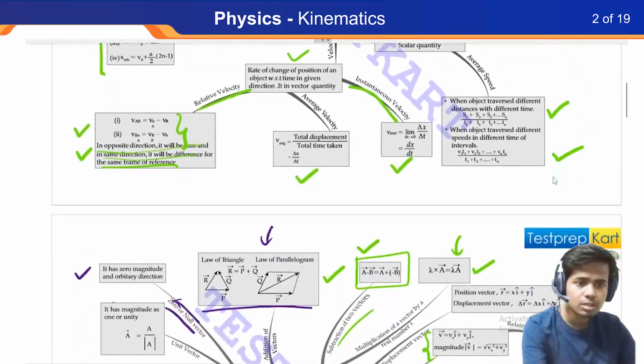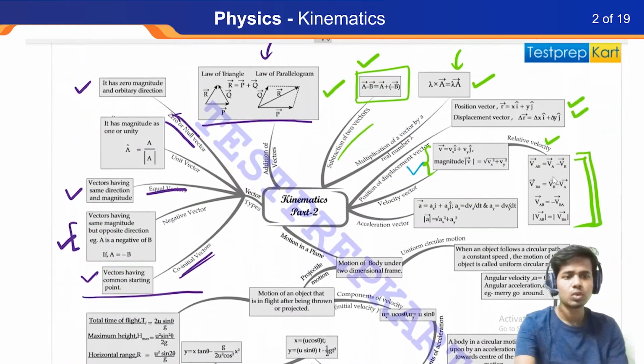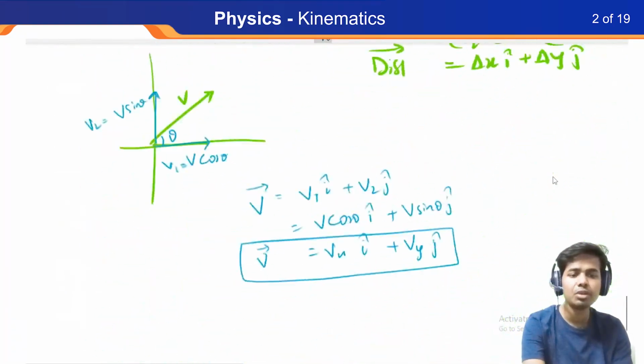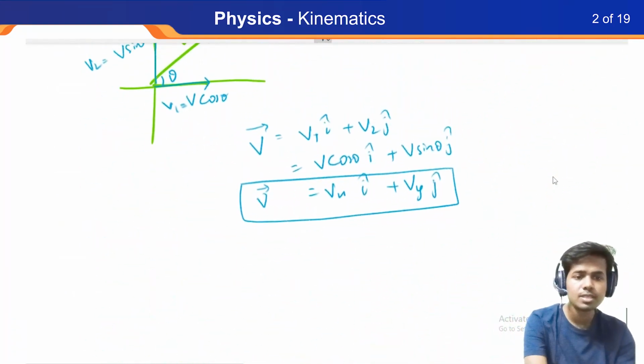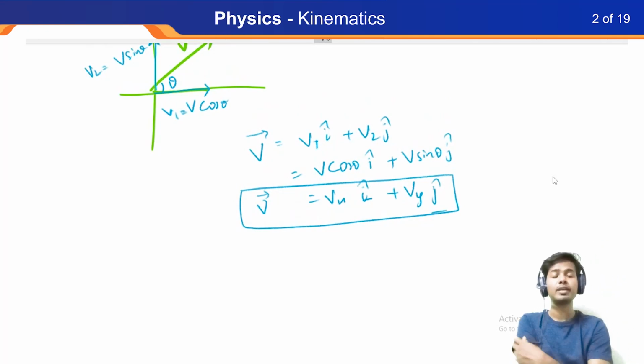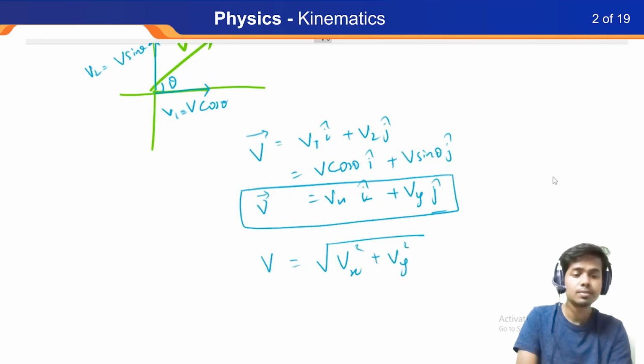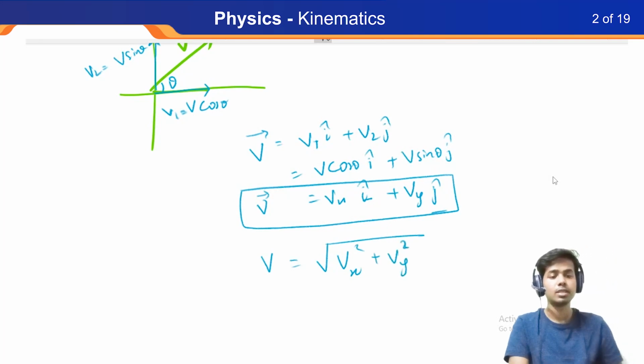And since they are perpendicular to each other, this is in the i cap direction, right? And this is in the j cap direction. If you have to add two vectors which are perpendicular to each other, what you basically end up with is a square plus b square, vx square plus vy square. As simple as that, right?